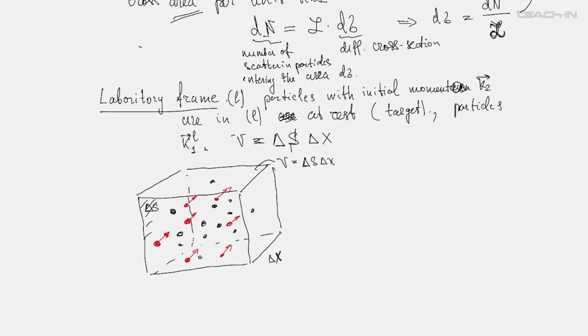So let me write it as ρ2, the density of particles in the second beam, multiplied by this volume V. This is the probability to find target particles.